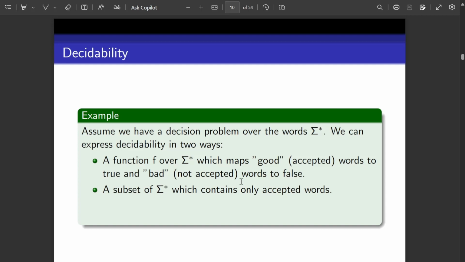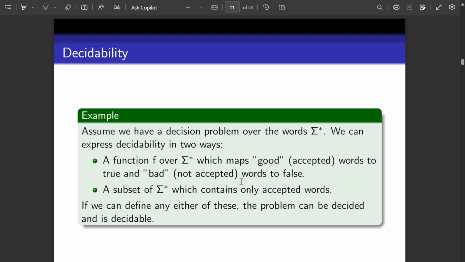Often we'll use the function definition if there are not finitely many acceptable words. If there could be infinitely many different acceptable words, we'll use a function. Or if it's a finite number, we'll use the subset. So if we can cleanly define either one of these using an algorithm, then this problem can be decided.